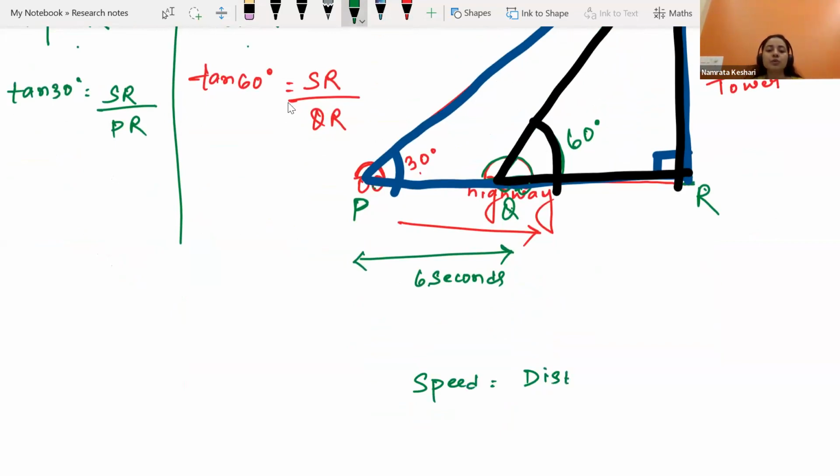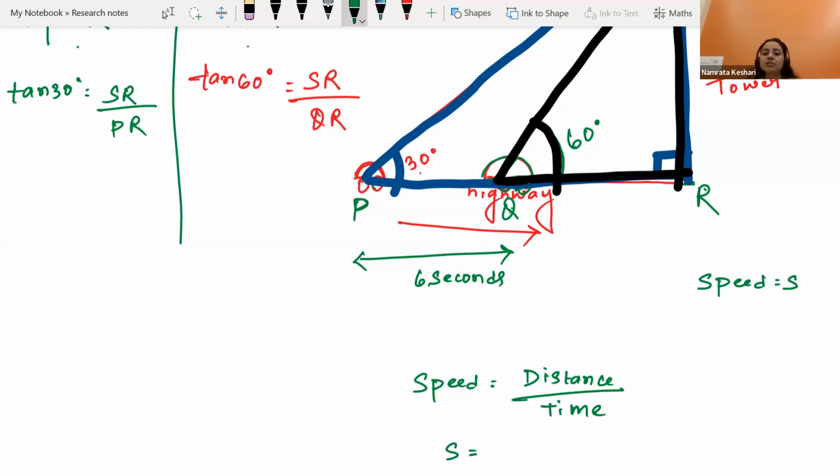This formula we know, yes or no? Let's take speed as S. So S is equals to distance.